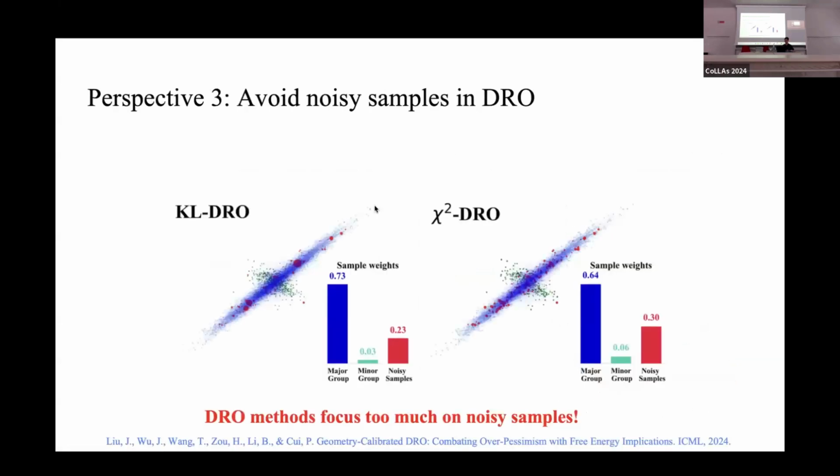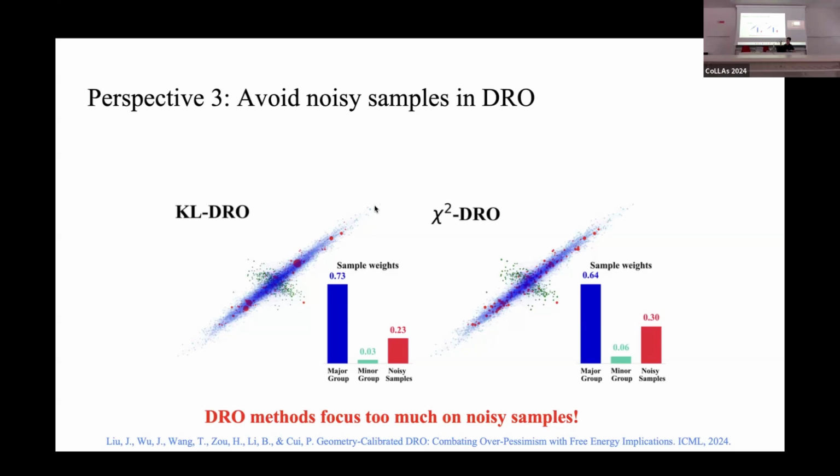So why does this happen? We think one key reason behind this is noisy samples. Here comes our third perspective: to avoid noisy samples during model training, or in DRO. We showcase two typical DRO methods via a toy example, where we have a majority group, a minority group, and some noisy samples.